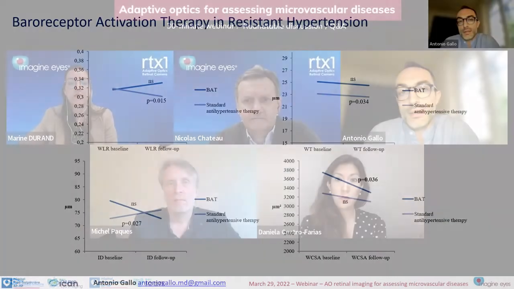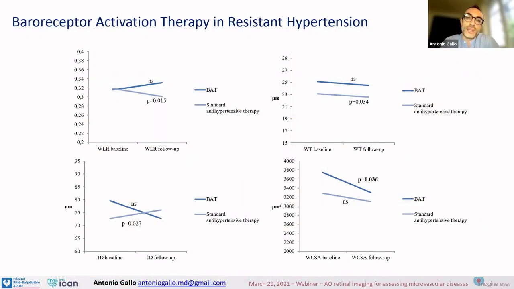Well, following what Michel said, I think that the follow-up of patients that have been already characterized at diagnosis, the response to treatment, might be a key feature for adaptive optics examinations. For example, in resistant hypertensive subjects, we could observe a short-term change in the wall of the microvascular structure after treatment.